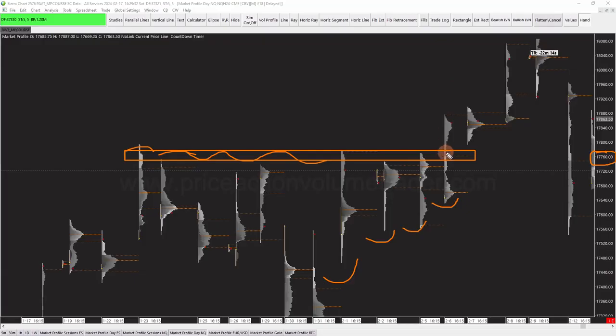Then right on this last day, we have our open and an impulsive move to the upside. We have our close through, and that started this whole impulsive move up.